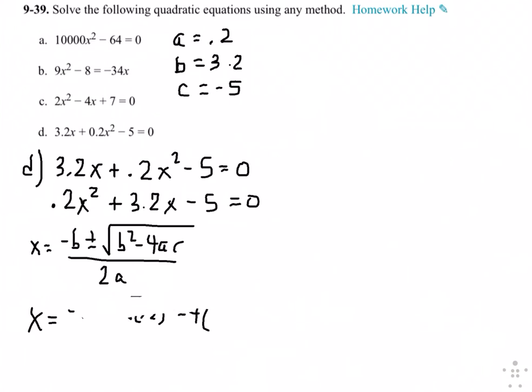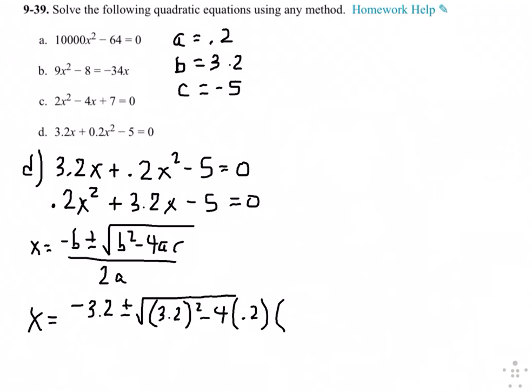Okay, let's substitute in again. Before I made a mistake. Okay, negative b is negative 3.2 plus or minus the square root of b squared, which is 3.2 squared, minus 4 times 0.2 times c, which is negative 5, right? All over 2 times 0.2.